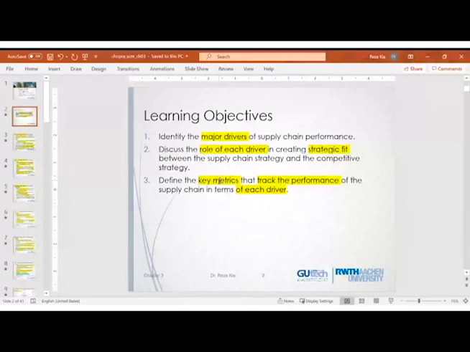So introducing the drivers, the role of each driver, and some key metrics to see the performance of each driver. These are the discussion for this chapter.